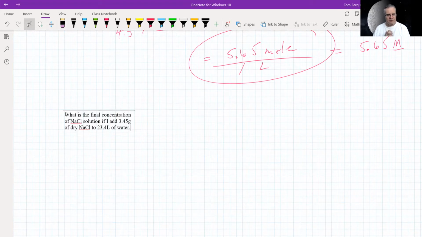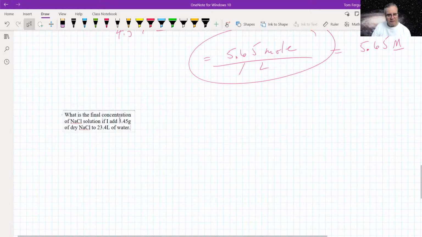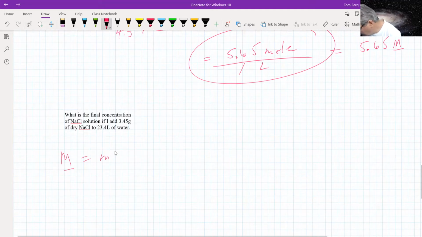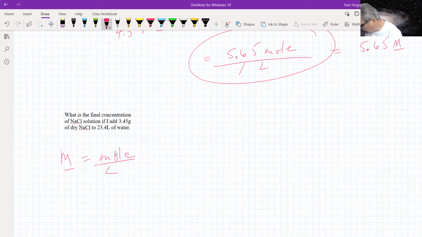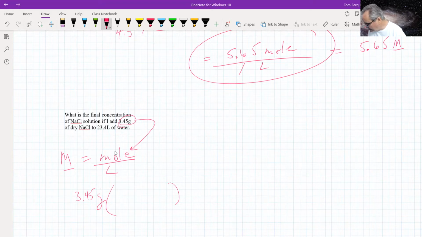Okay, so we're dumping in 345 grams of dry sodium chloride to 23.4 liters of water. What's our final concentration? Okay, so first thing we're going to do is convert. Final concentration is going to be in moles per liter. So we need to get that grams into moles. Okay, so first step is 345 grams.